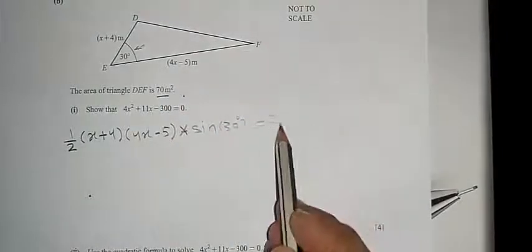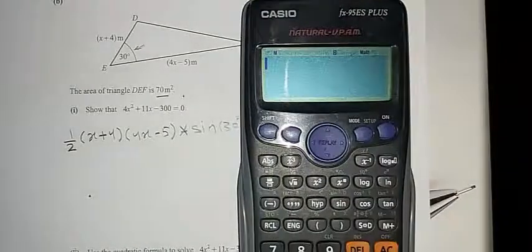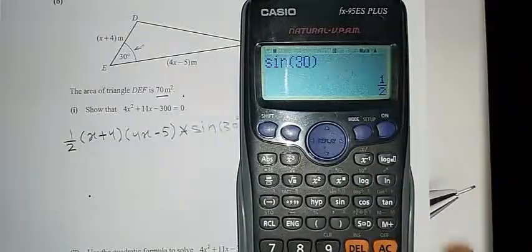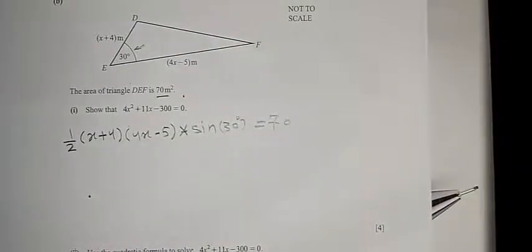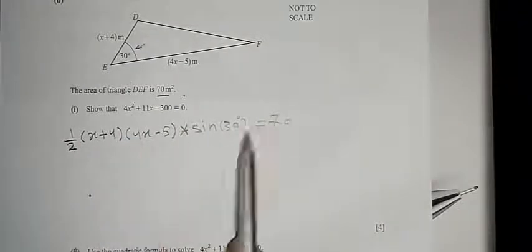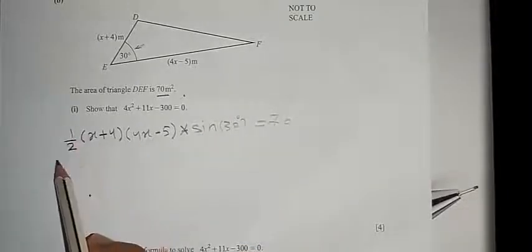Now we know the value of sine 30 is 1/2. So this is 1/2 and you have another 1/2 here, so you can multiply both sides by 4 to cancel out this sine 30 and this 1/2.